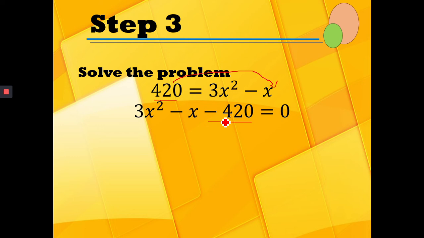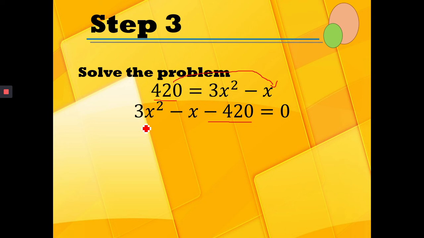Then after that, since this is a quadratic, we will be factoring. Okay? So I want you to think first, what is the factor of 3x squared minus x minus 420? Okay, on the previous topic, I discussed to you how to factor, but in those examples, there is no coefficient beside the variable. Okay, only x squared. But how about this time? There's already a coefficient on the variable. So what we're going to do is to have a trial and error.